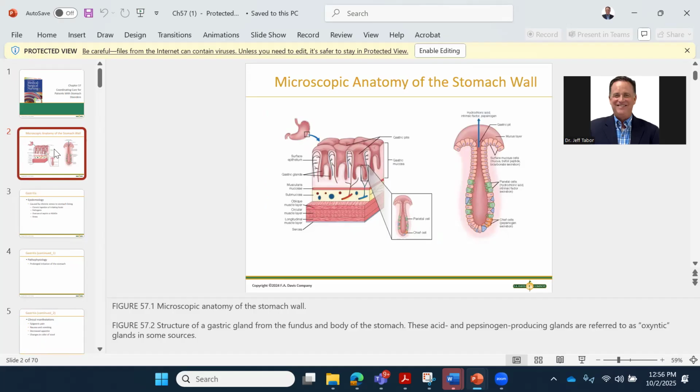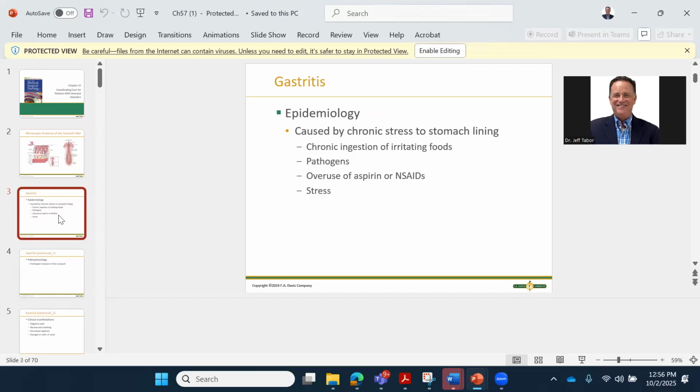So it just goes through some of the microscopic anatomy of the stomach wall and what role that plays, because that does impact conditions such as gastritis. And gastritis is a common type of condition that is often associated with the overuse of NSAIDs.